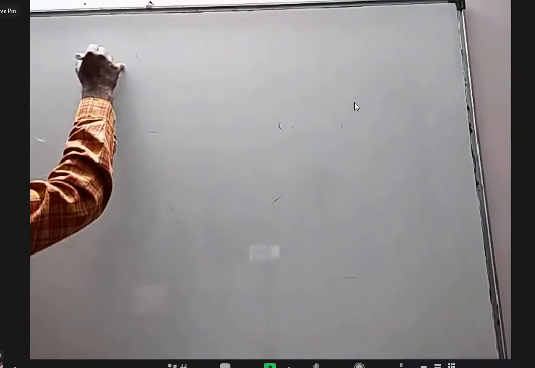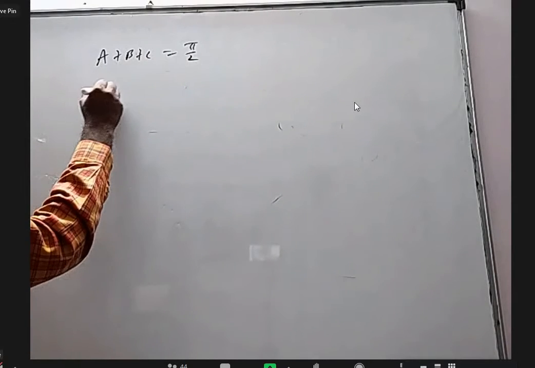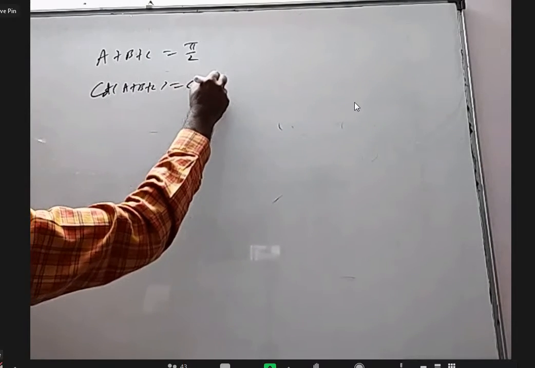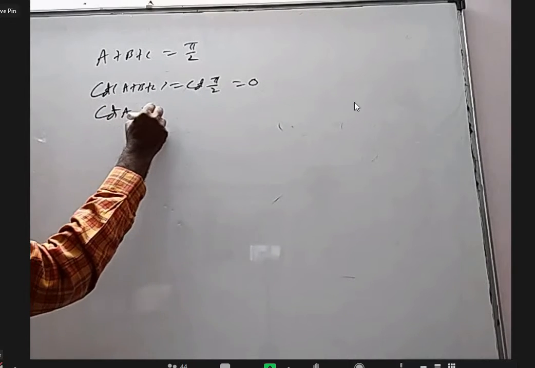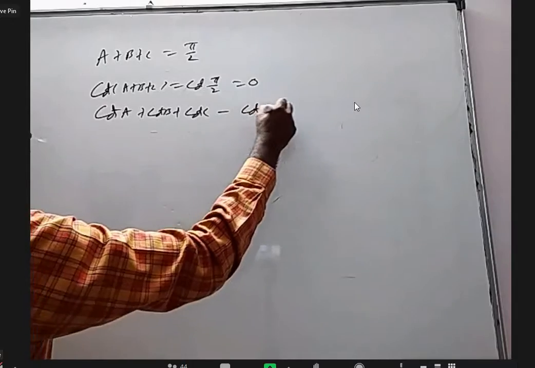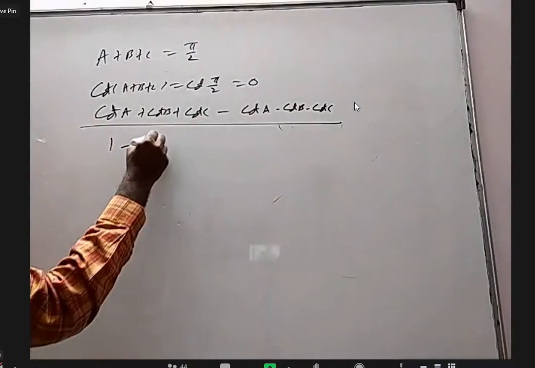So they gave a plus b plus c equal to pi by 2. If you apply cot a plus b plus c is cot 90 and it is 0, and cot a plus b plus c is cot a plus cot b plus cot c minus cot a into cot b into cot c by something.